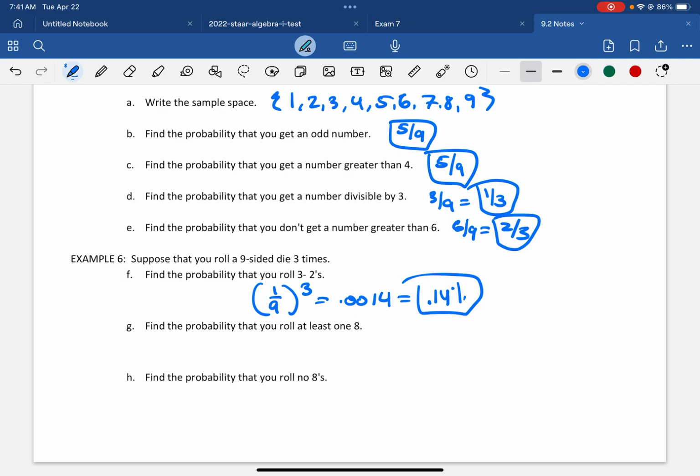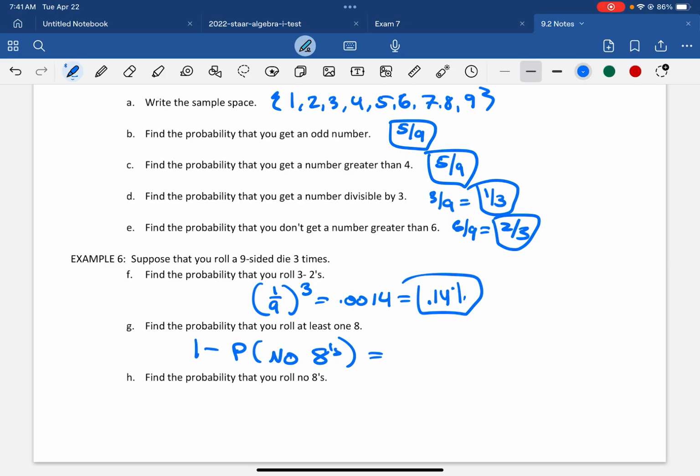Okay, find the probability that you roll at least 1 8. Okay, so we talked about what this is like. If you roll at least, that means you could roll 1 8 or 2 8s or 3 8s, and it could be the first, or it could be the second, or it could be the third, and it could be the first 2 or the last 2. There's just lots of ways to do it, so we want to do the complement. So we're going to do 1 minus the probability that we roll no 8s.